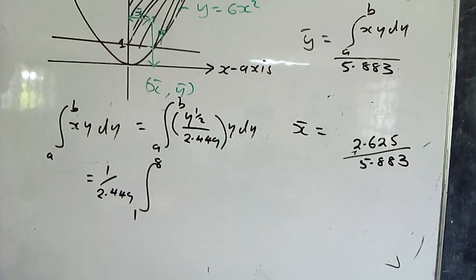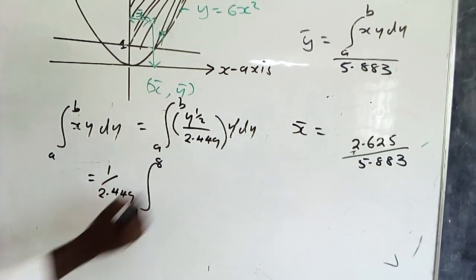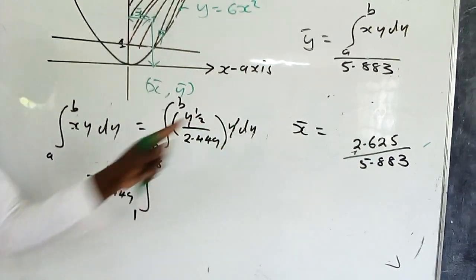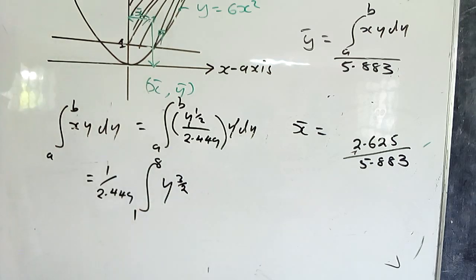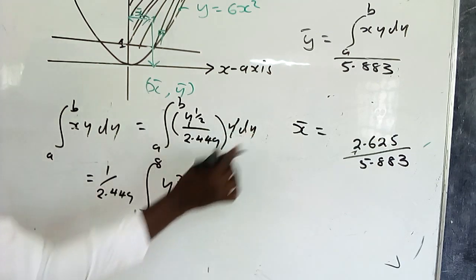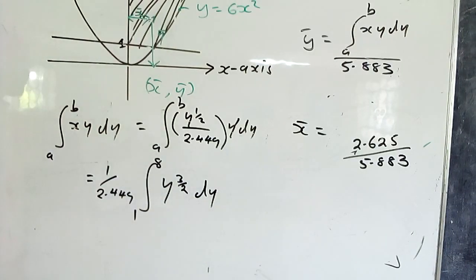That is laws of indices. Same base, you add the powers. This is y raised to power 1, isn't it? So y raised to power half times y raised to power 1, you get y raised to power 3 over 2. You add the powers when you have multiplication at the same base. Then we are integrating with respect to y. Very neat work.